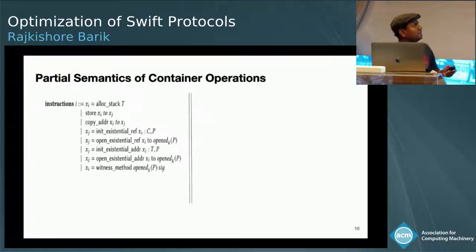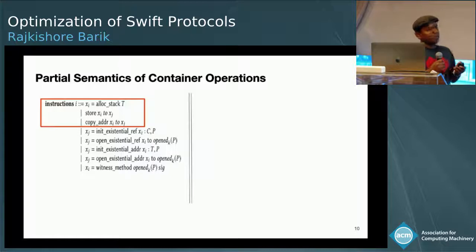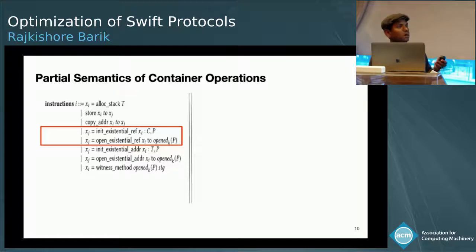Before we do that, since we are working at the SIL level, we really need to reason about the semantics of the operations that appear at the SIL level. So here are some of the instructions that are relevant to the existential containers, and I'll briefly talk about their semantics. Alloc stack is allocating a location in the stack, and store and copy addr essentially manipulate memory. Then I have init existential ref and open existential ref, which essentially operate on the class protocols that I was talking about, and they correspond to class containers in some sense.